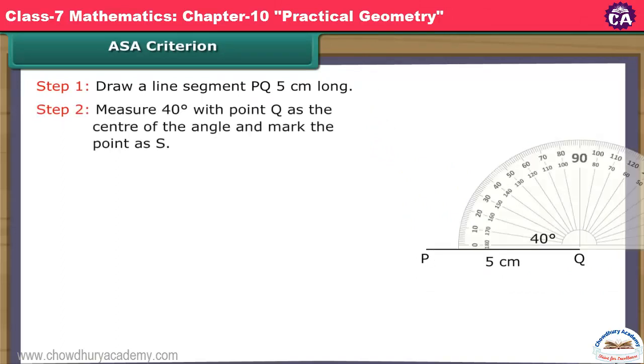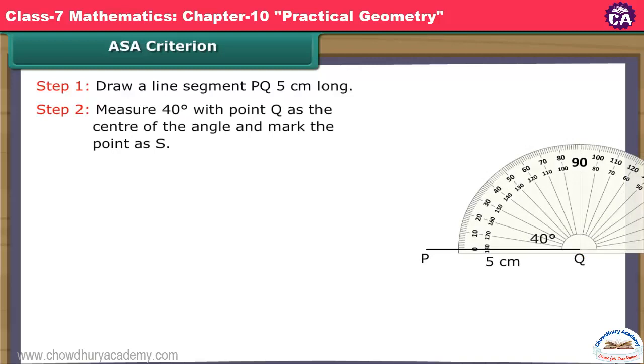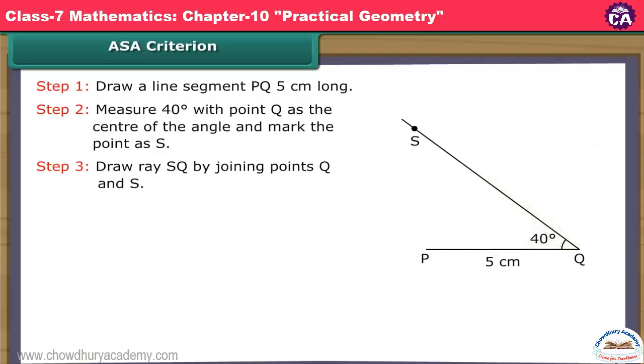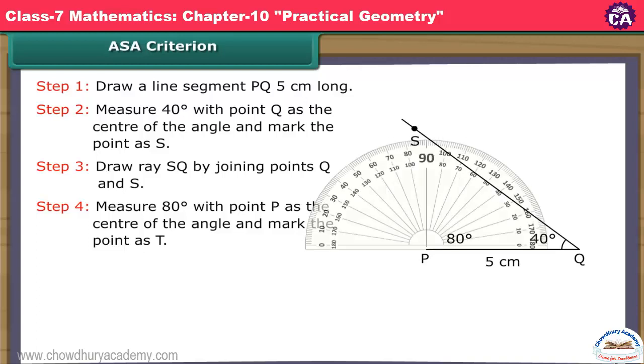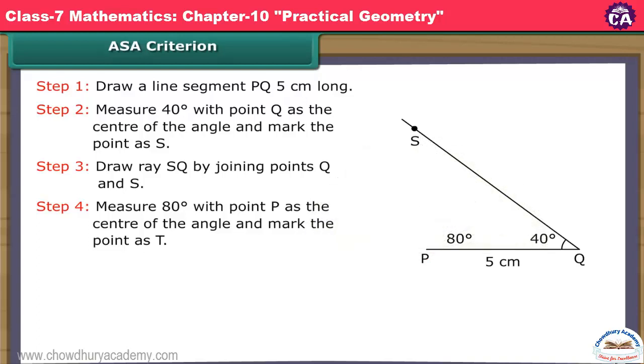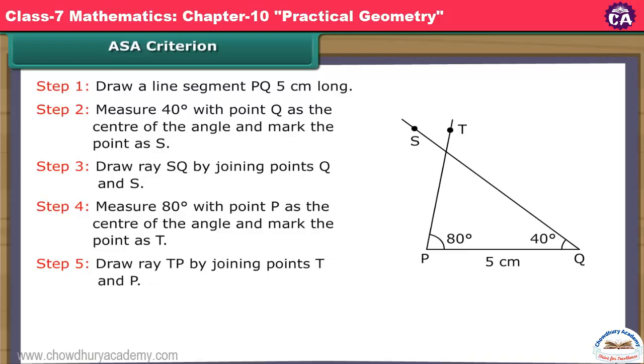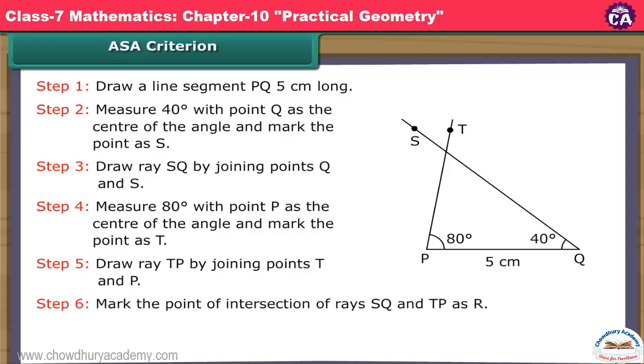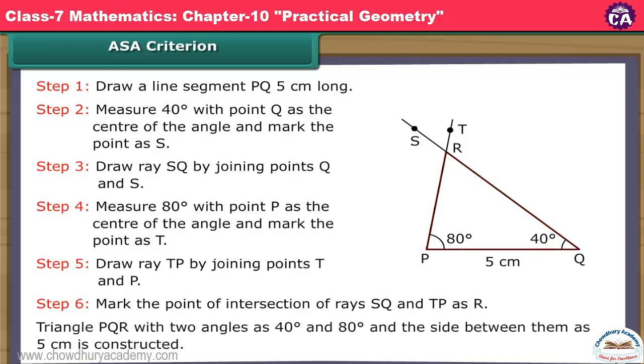Measure 40 degree with point Q as the center of the angle and mark the point as S. Draw ray SQ by joining points Q and S. Measure 80 degree with point P as the center of the angle and mark the point as T. Draw ray TP by joining points T and P. Mark the point of intersection of rays SQ and TP as R. Triangle PQR with two angles as 40 degree and 80 degree and the side between them as 5 centimeter is constructed.